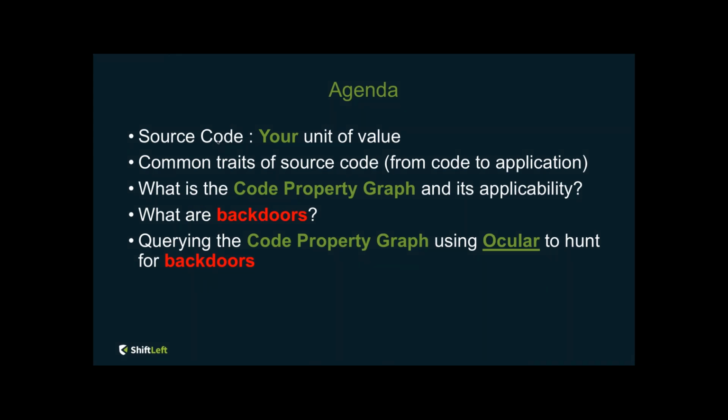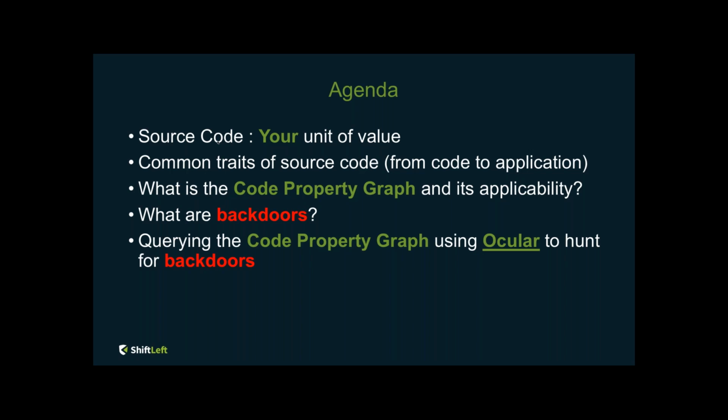In today's webinar, we will discuss the following topics. As we alluded to, we'll talk of source code, which essentially is the unit of your value, and what the common traits of source code are, because all of us as engineers write source code in several programming languages. And eventually the source code is, as mentioned, compiled, packaged, and deployed to production.